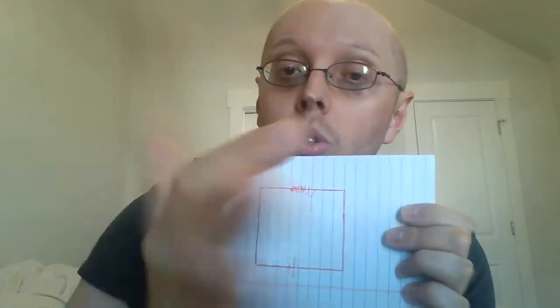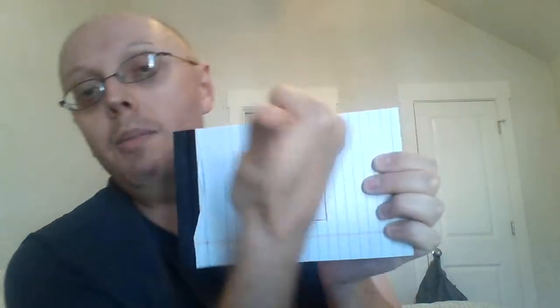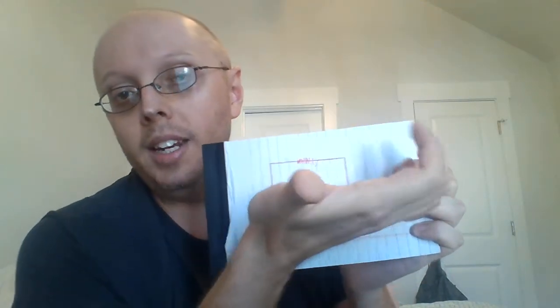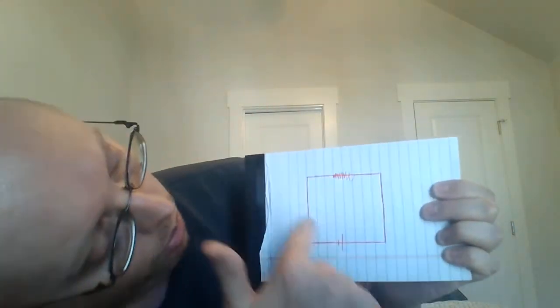And we can use our right-hand rule again to determine which direction the current will flow. If it's going to create a field coming this way, like my field's going this way, it's getting smaller, so it's creating more, then I curl my fingers and it creates a current flowing this way, counterclockwise.